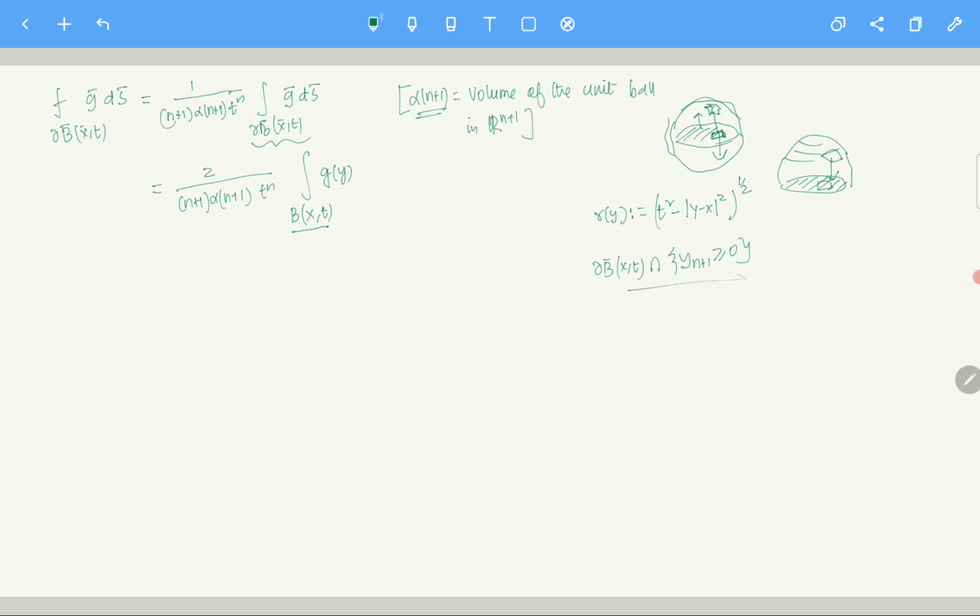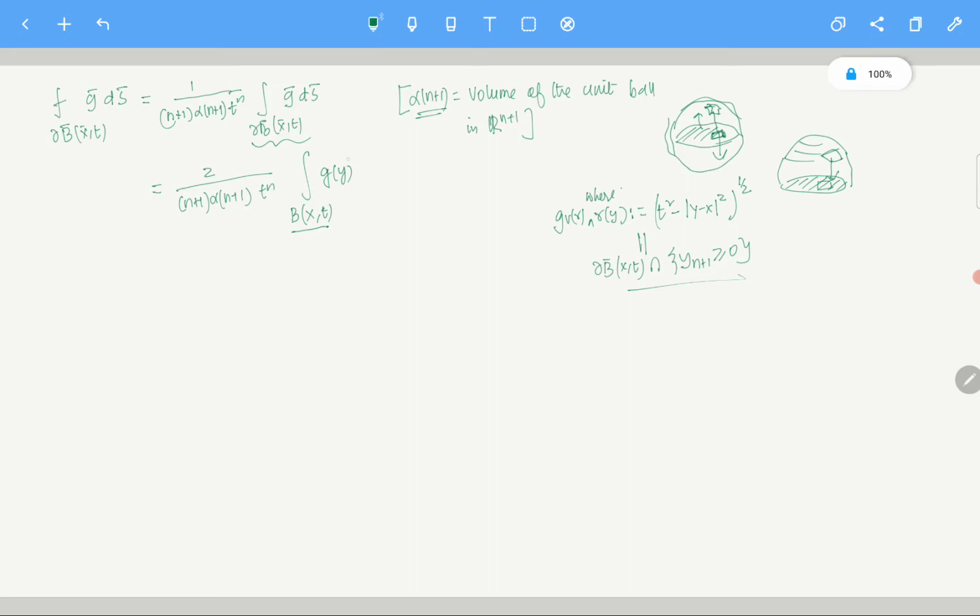This upper hemisphere is essentially the graph of gamma, where gamma is t square minus mod y minus x square whole power half. That's not very difficult to see.